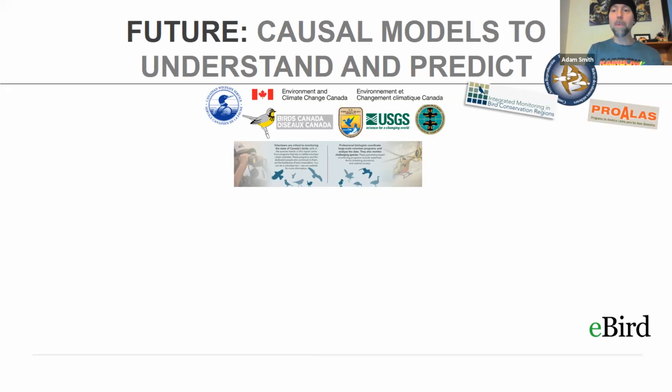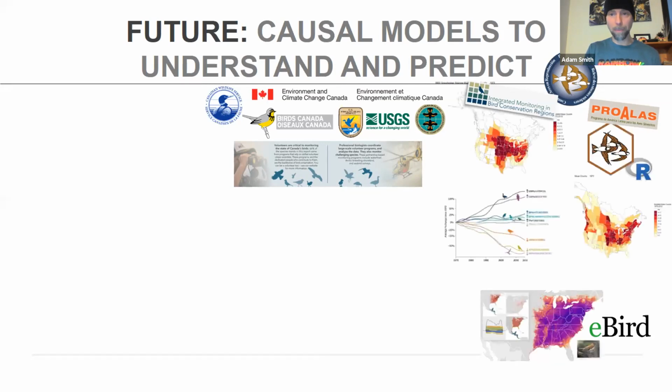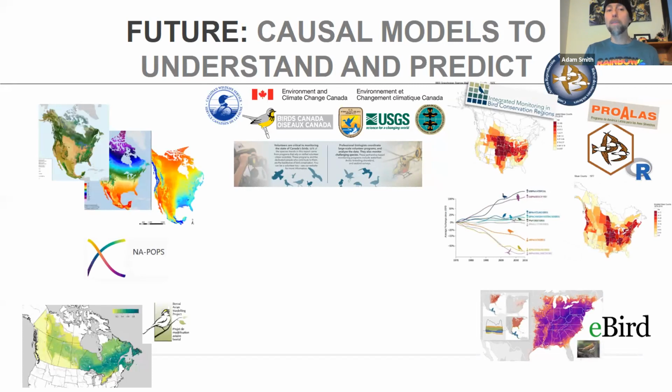We have monitoring data from so many different programs across the continent. We have our understanding of the changes in relative abundance and how to estimate trends and changes over time. We have numerical tools now that allow us to integrate all of this information across these programs, spatial covariates, and the capacity to estimate true density.